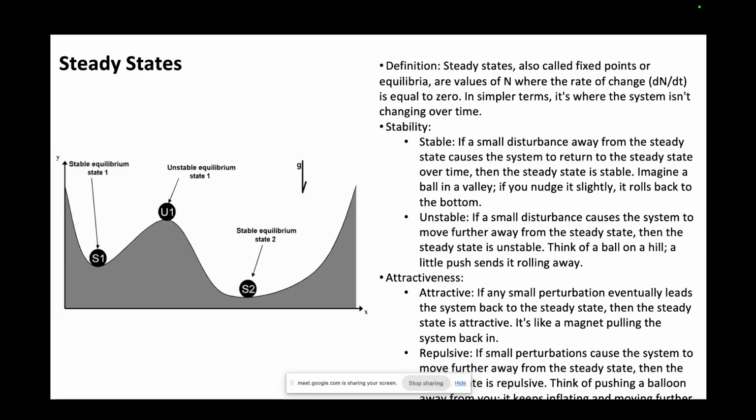Depending on what question you're trying to answer, it can be anything. But the idea is that parameter will not change. The change of that parameter, which is given by the dN/dt term here, is actually zero. In simpler terms, it's where the system isn't changing over time. So you have a system which is stable, which does not change over time.